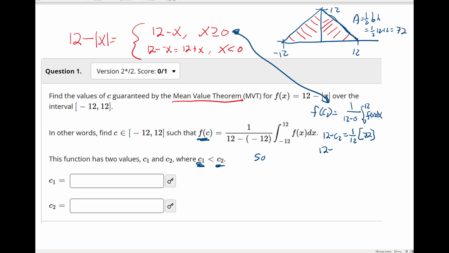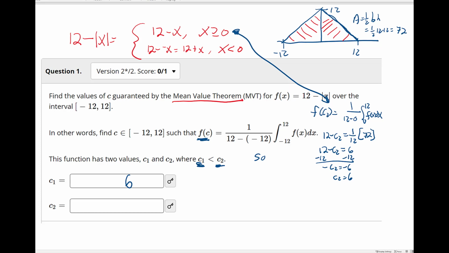So 12 minus c2 is 1/12 times 72, which is 6. Solving for c2, if I subtract 12 from both sides, negative c2 equals negative 6, so c2 must be 6. That's the value of c2.